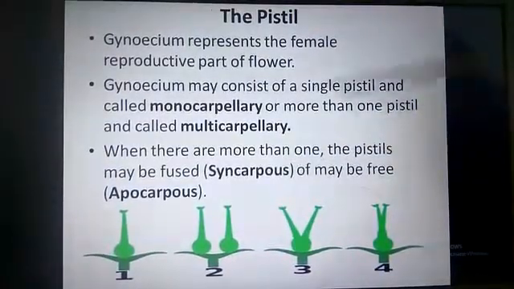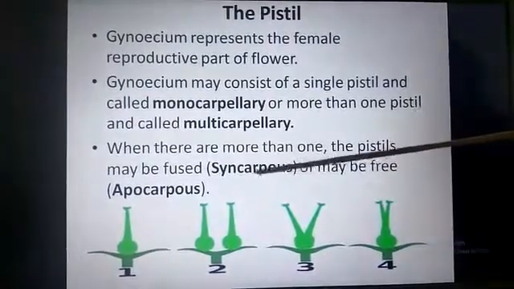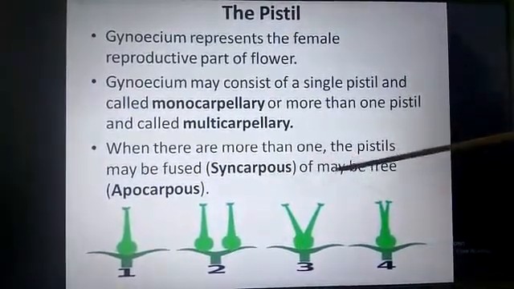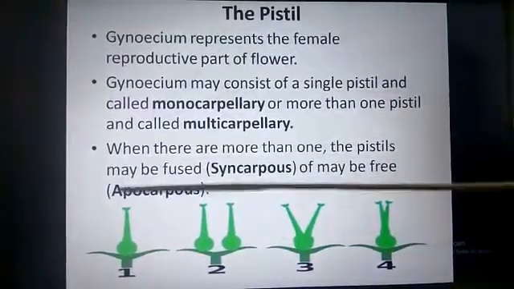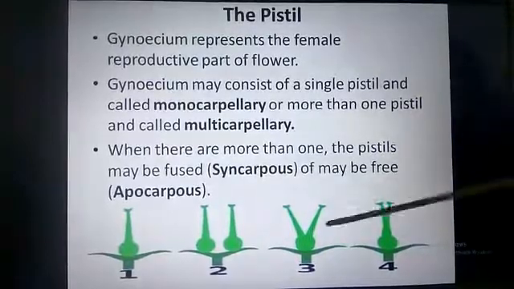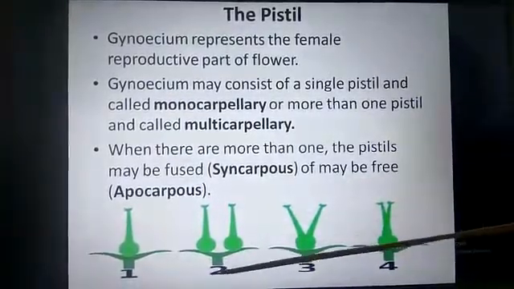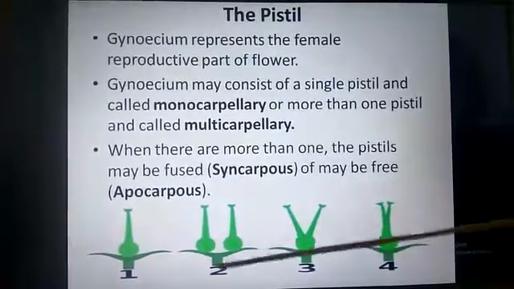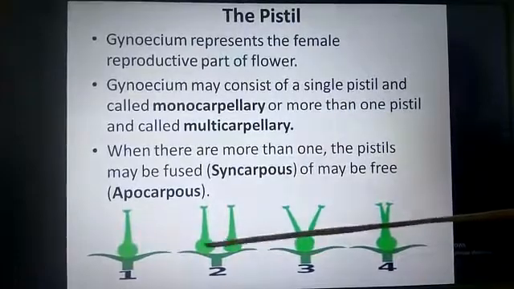When there are more than one pistil, the pistils may be fused. Then we use the term syncarpous, or they may be free. If free, we use the term apocarpous. Look at pictures 2, 3, and 4. In picture 2, there are two pistils, but the pistils are free from each other.